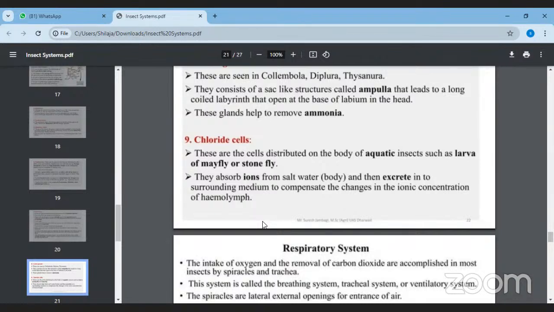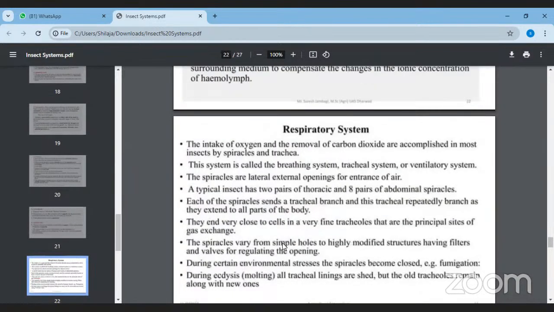Here also, the intake of oxygen and removal of carbon dioxide are accomplished in most of the insects by spiracles and the trachea. This system is called the breathing system, tracheal system, or ventilatory system.